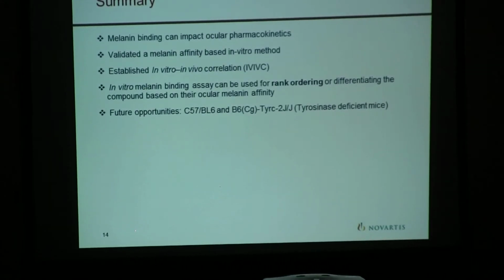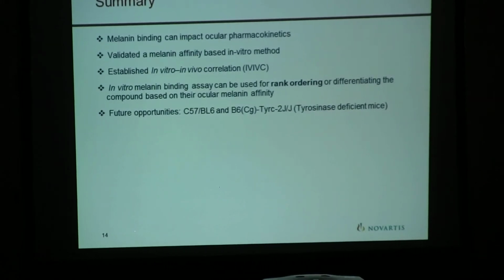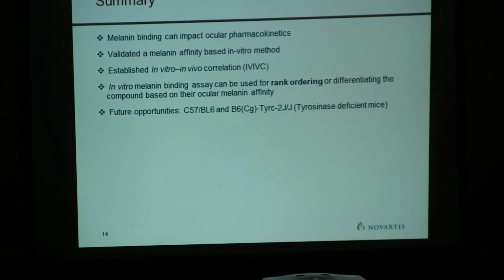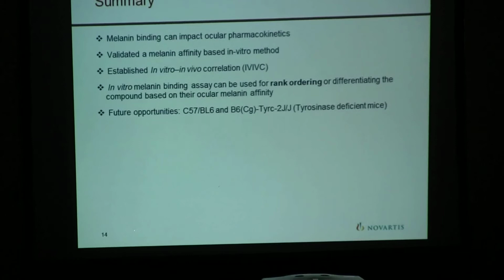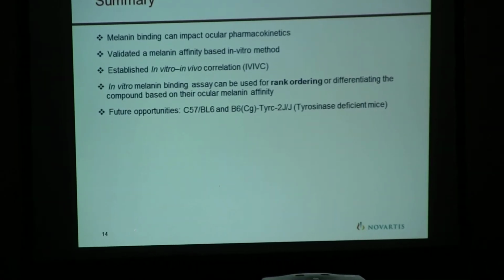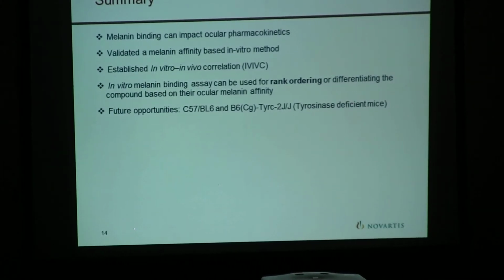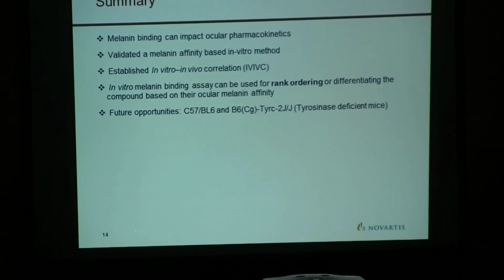So in summary, what we have seen so far is that melanin binding can impact and modulate ocular pharmacokinetics. We have also validated the in vitro method with in vivo studies. In the future, we also plan to run knockout mice so that we can have the same background, because there is a question that these are two different strains, so they may have different metabolism or different anatomy, and that could interfere with your interpretation.